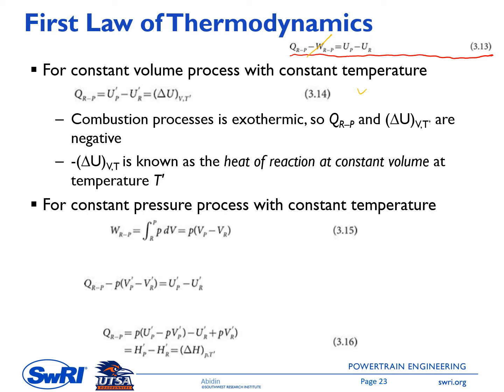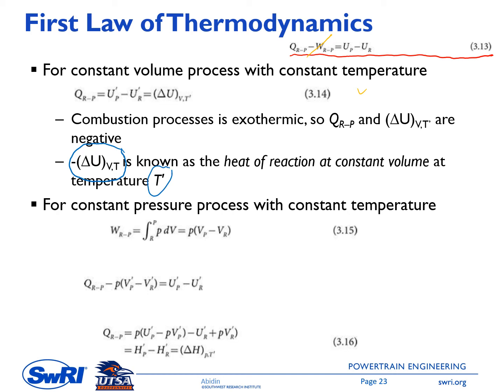It means the heat transfer is from the system going into the environment. And minus delta U at constant volume and constant temperature is known as the heat of reaction at constant volume at temperature T prime here.